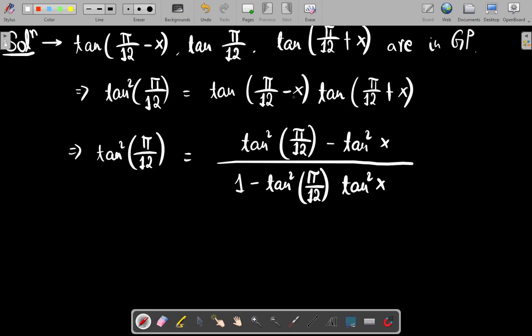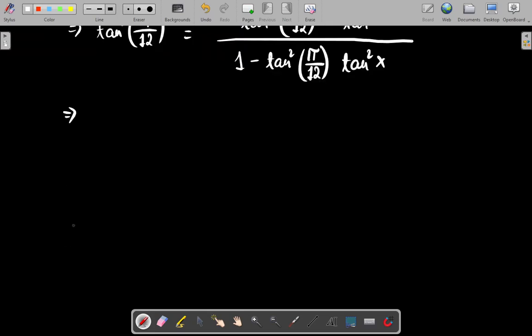You can work it out from the tan(a − b) and tan(a + b) formulas. If you expand them, in the numerator it will become (a + b) into (a − b), and in the denominator also it will become (a − b) into (a + b). So this is the formula. Now I will just cross multiply this.